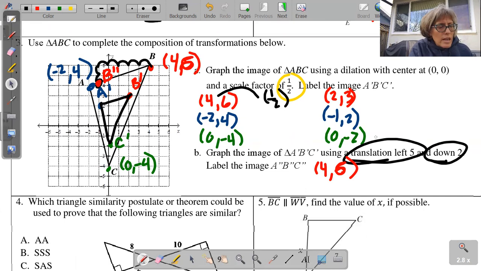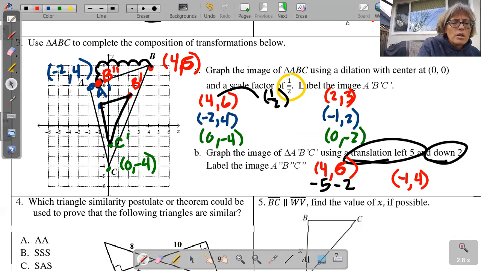Left, right is a horizontal motion, so you'd do -5. 2 down is a vertical motion, -2, and you get -1 and 4, which if you look here, -1, 4 is exactly what you get. So you could either physically bunny hop it or take the horizontal motion away from the first and the vertical motion away from the second.